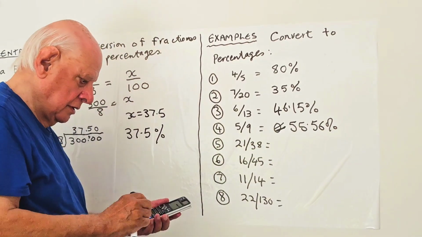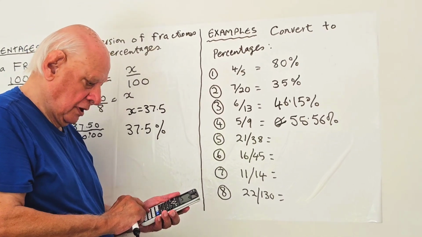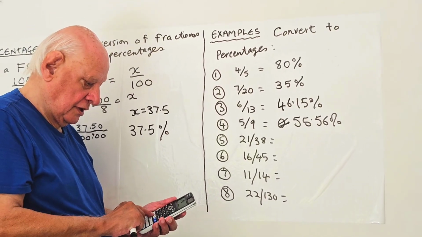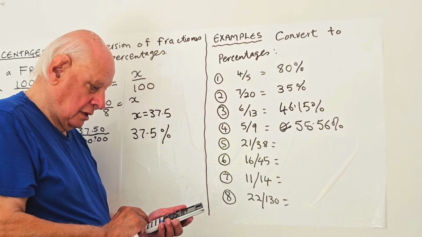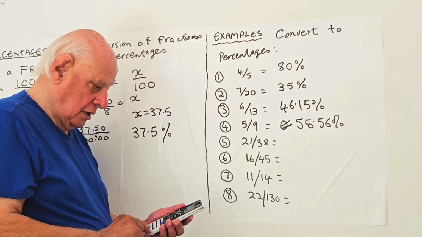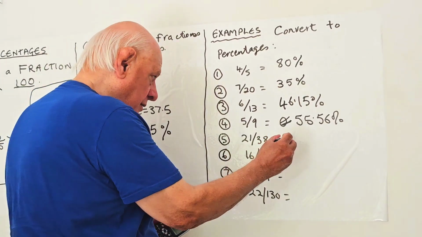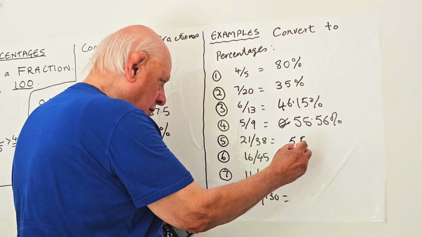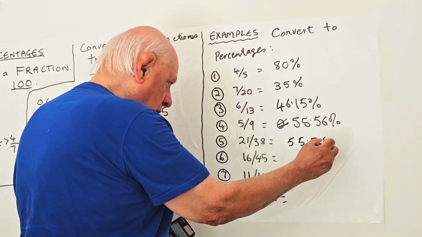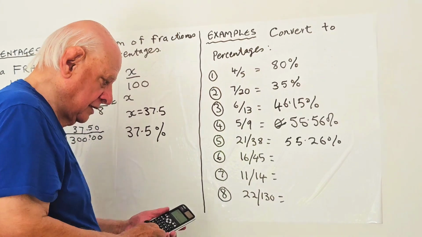The next one, need to use a calculator for that to speed things up. 21 divided by 38 times 100 is 55.26%. So it seems that these two percentages are pretty close together.